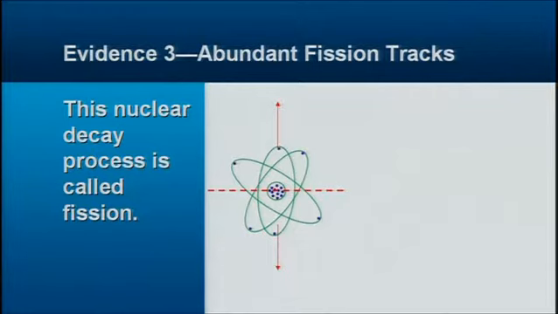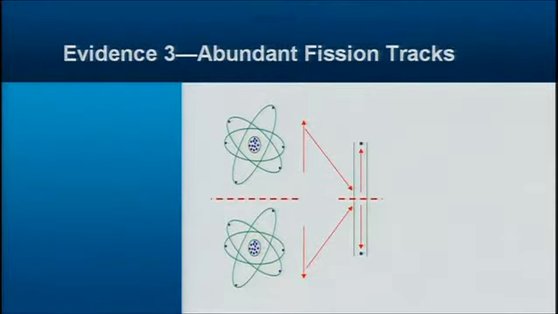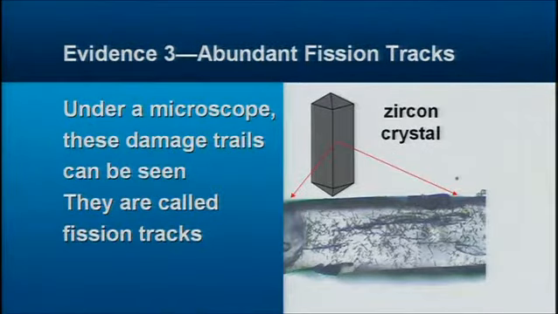What happens therefore inside a zircon crystal is that those 2 atoms flying apart damage the crystal and form a visible damage trail or track, which is called a fission track. And you can actually study these under a microscope. Here's some photographs. You can actually see where the atoms have split apart and damaged the zircon crystals.